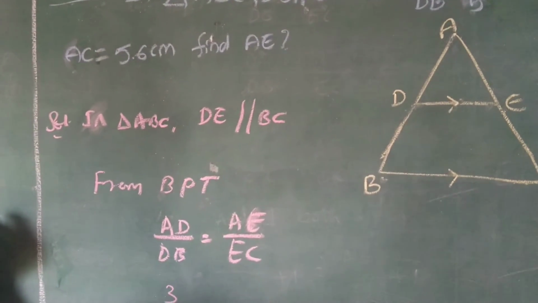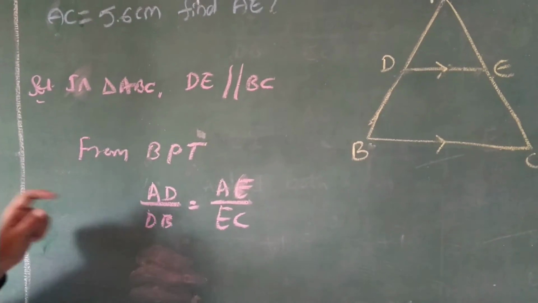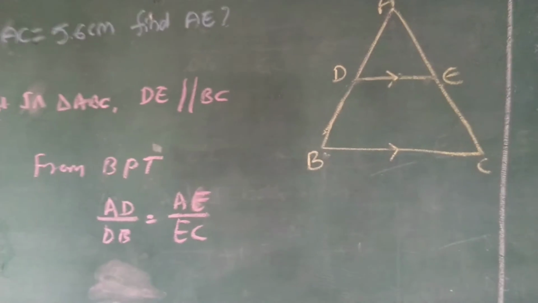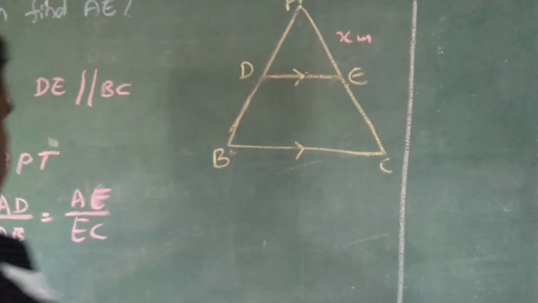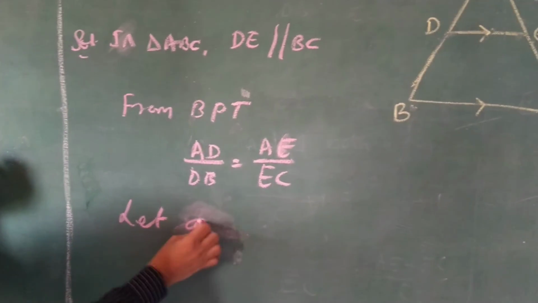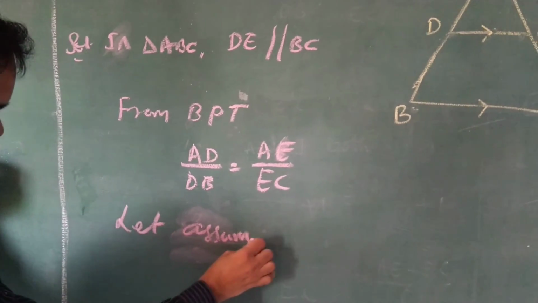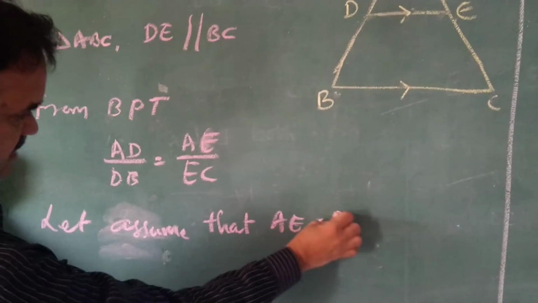AC is given. Now here, we have to find AE, so assume that AE is equal to x centimeters.